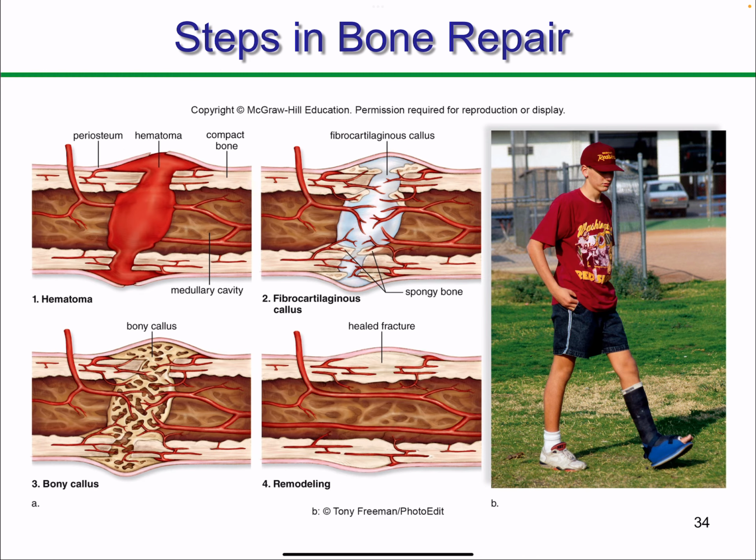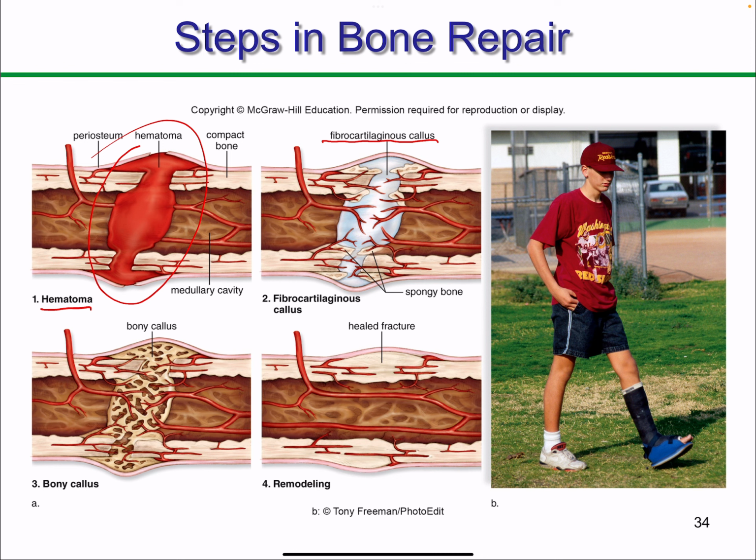So here, our last slide is showing you the different stages of bone repair whenever there is a fracture. So you have the formation of hematoma right here, right? Then the hematoma is replaced by the fibrocartilaginous callus, which is nothing but the fibrocartilage.